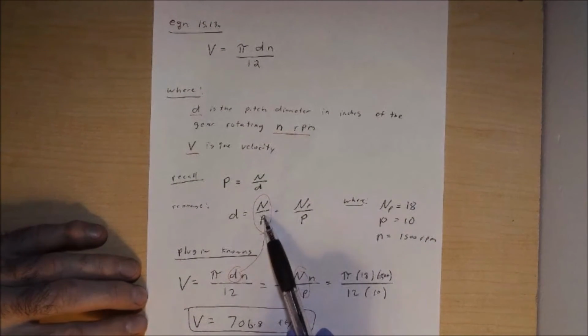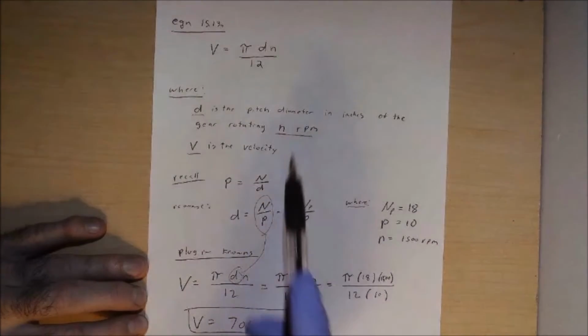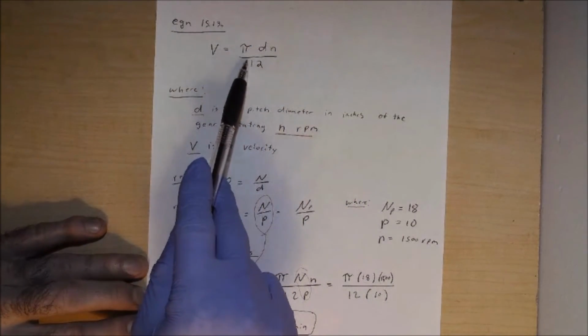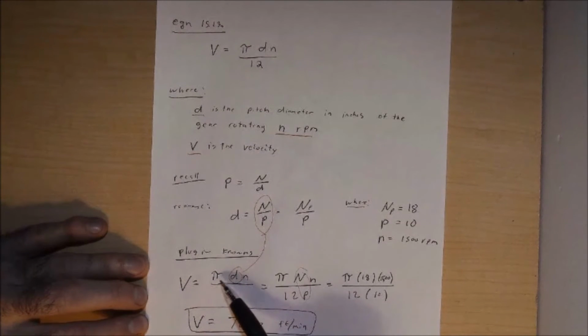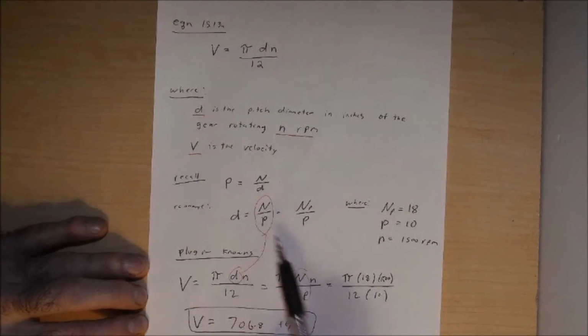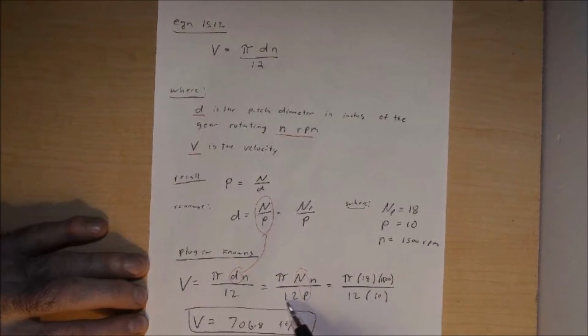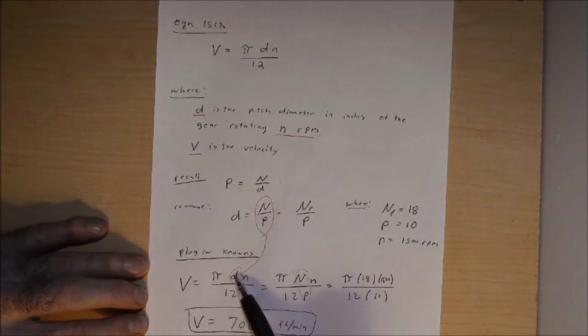We can plug this relationship for D back into equation 15.13. What we end up with is that V is equal to pi d n over 12, and replacing our D with n over P gives pi n over 12P. So this number of teeth over our pitch gets plugged into this equation, and we end up with this relationship.